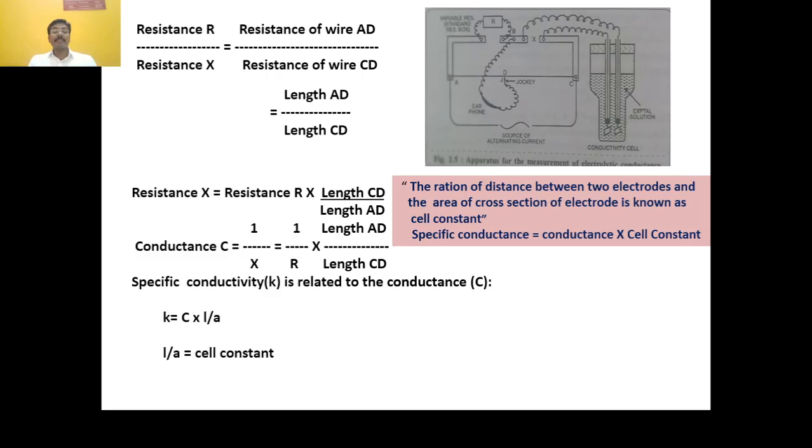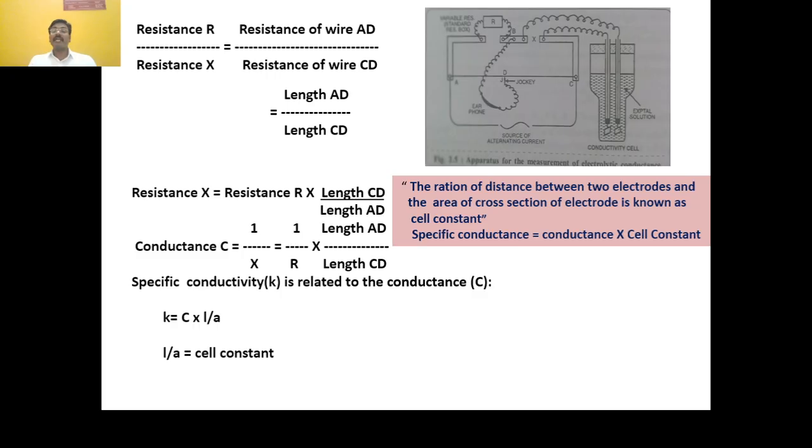The specific conductivity kappa is related to the conductance C as already stated: specific conductance kappa is equal to C into L upon A. L is the distance between the two electrodes, and A is the area of cross section.